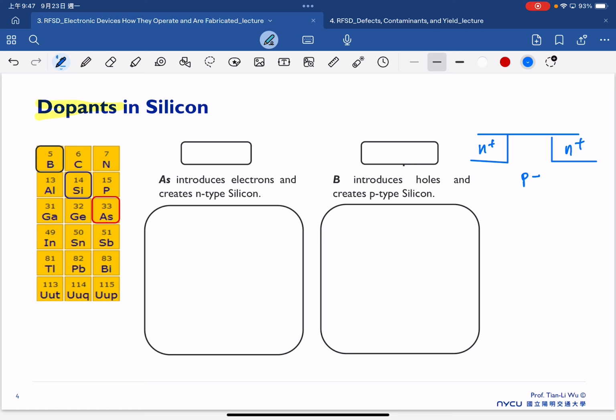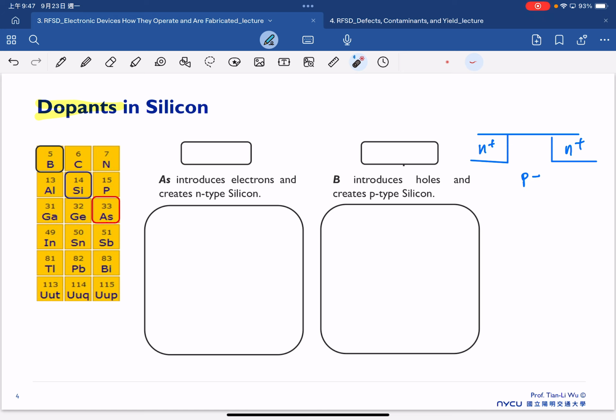So that's why this plus or minus means this material has a different concentration, and therefore we need to find a way to control the concentration of this material. So that's why we need to have the dopants here.